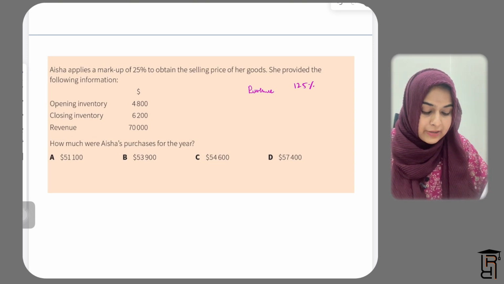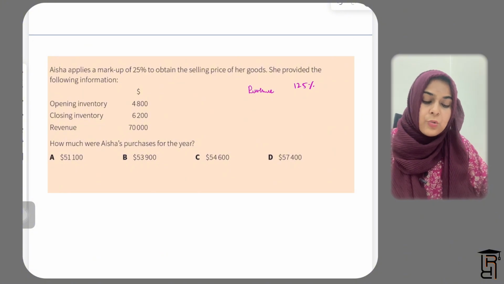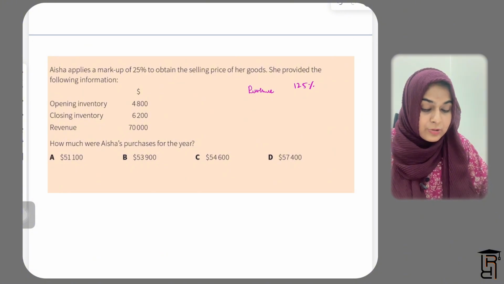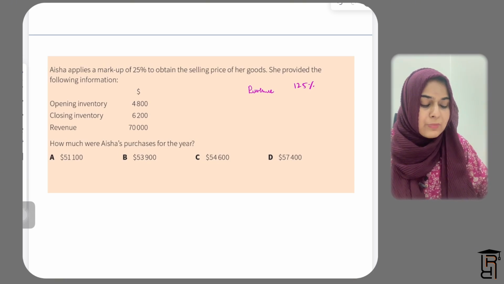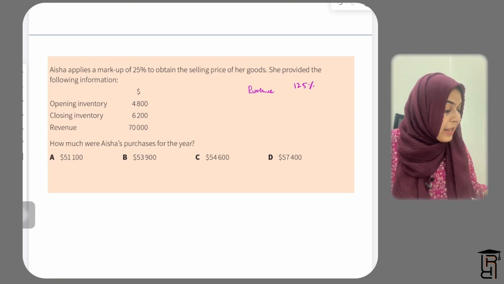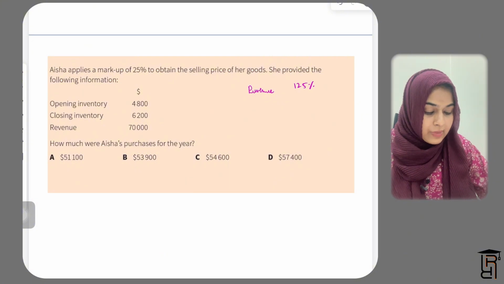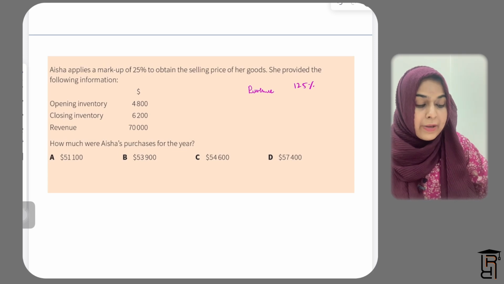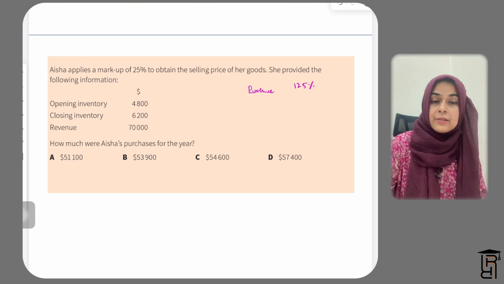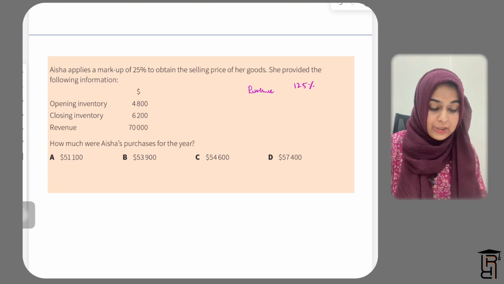Opening inventory is 4,800, plus purchases is X, which I don't know, minus closing inventory is 6,200, is equal to 56,000, which is my cost of sales. When I find out the value for X, it will come out to be 57,400, which is also my answer in this case. The answer is 57,400, which is the purchases.